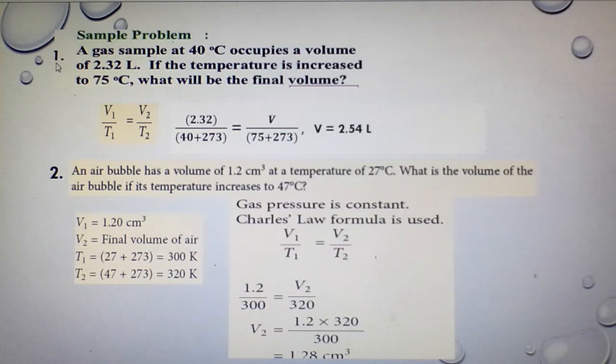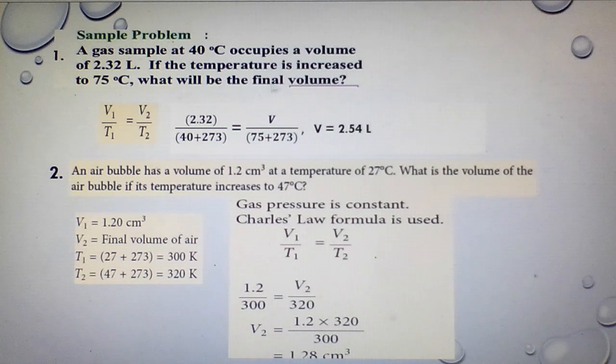Okay, now we look at some problem solving. Sample problem 1: a gas sample at 40 degrees Celsius occupies a volume of 2.32 liters. If the temperature is increased to 75 degrees Celsius, what will be the final volume? When you read through the question, there is no mention of pressure, meaning pressure is constant.